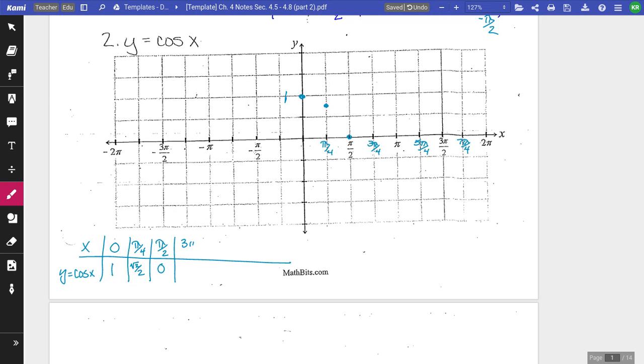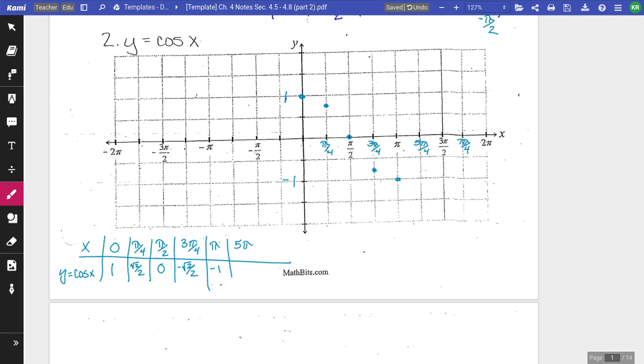At 3 pi over 4, you have a negative root 2 over 2. So down here, again, just estimate about a negative 0.7. Okay, at pi, the x value is a negative 1.